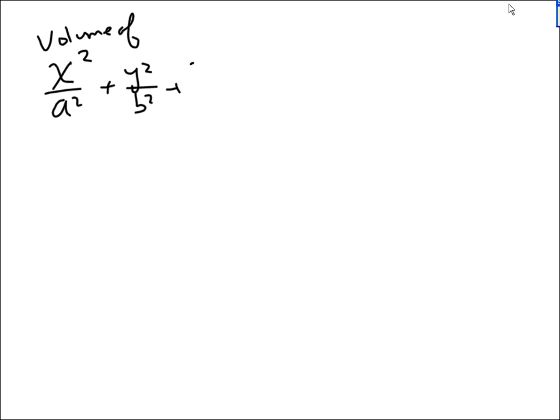Suppose you are told that the volume of an ellipsoid, which is a football, this 3-dimensional ellipse, is, see if I remember, 4 pi ABC over 3.